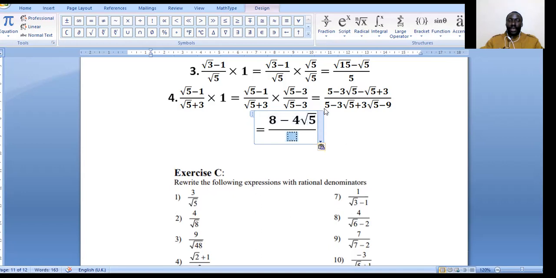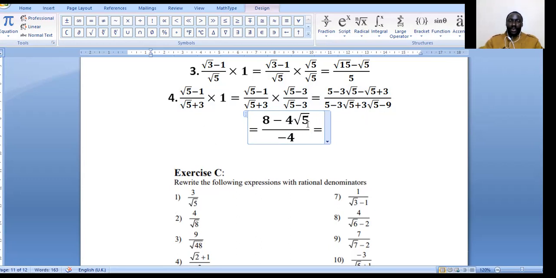Then down here, this one will cancel because this is minus, this is plus. So we now have 5 minus 9. 5 minus 9 is negative 4. Like that.